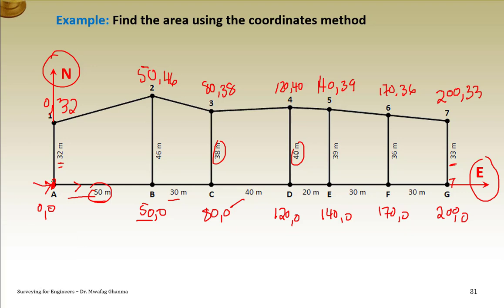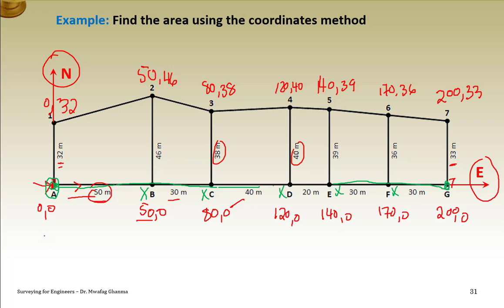So here you can say, I will go from A to B to C to D to E, F, and G. But A, B, C, D, E, F, and G are all on the same straight line, so we do not need to take B, C, D, E, and F. All we have to do is take A, and the straight line, the edge, all the way to point G.